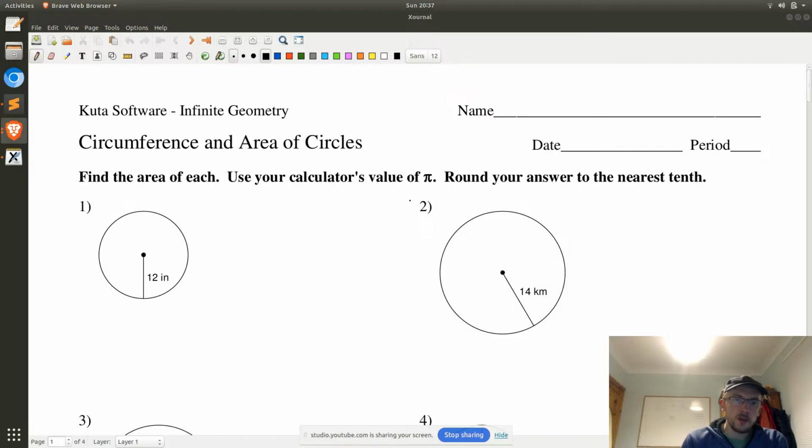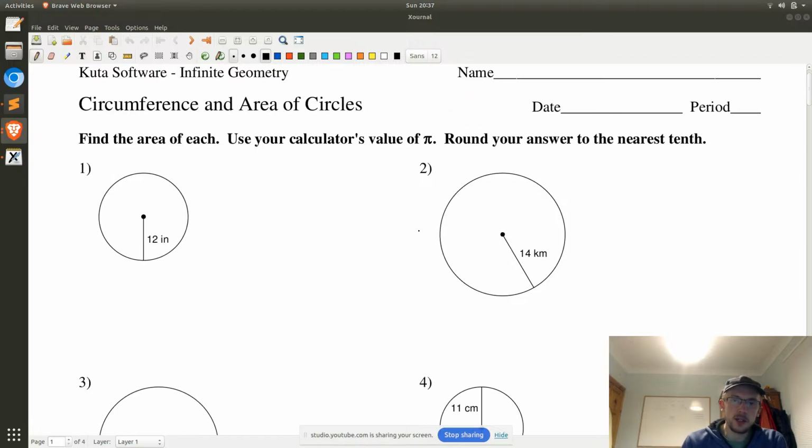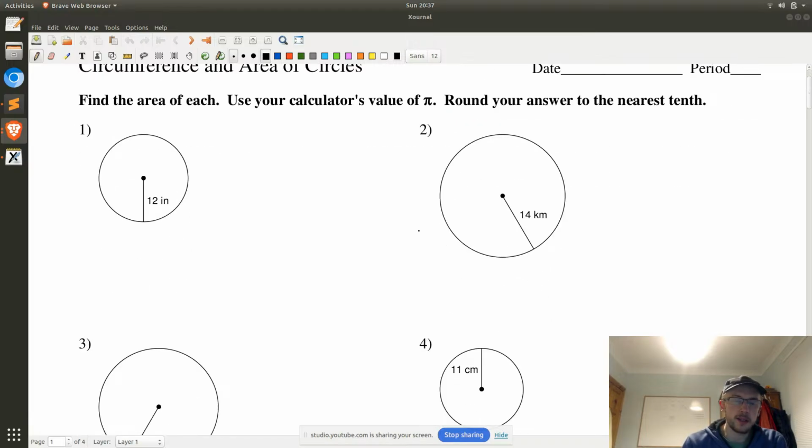So find the area of each, use your calculator's value of pi, and round your answer to the nearest tenth. So I'm going to give answers in quote unquote exact values. This calculator is so dodgy. Oh, there it is. It's alive. Okay.